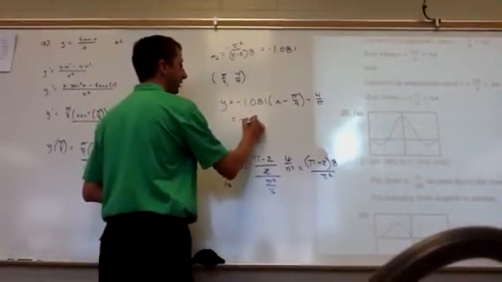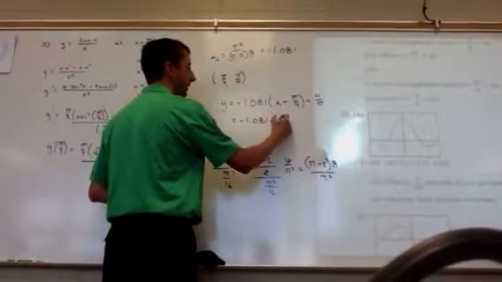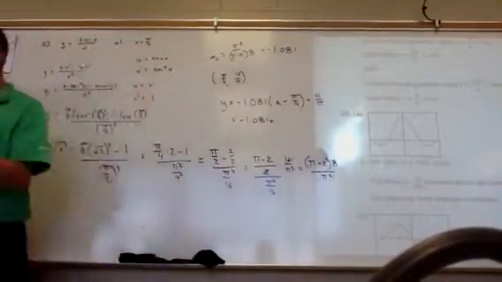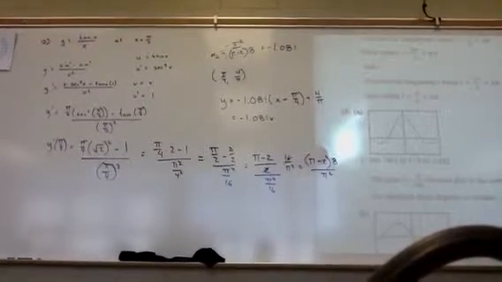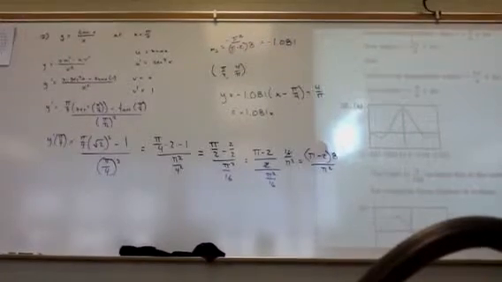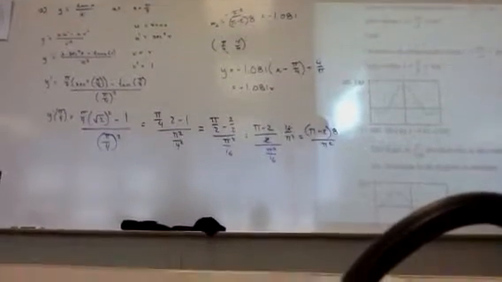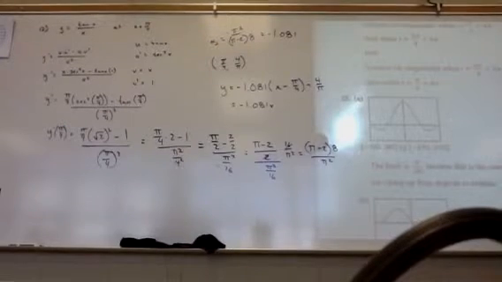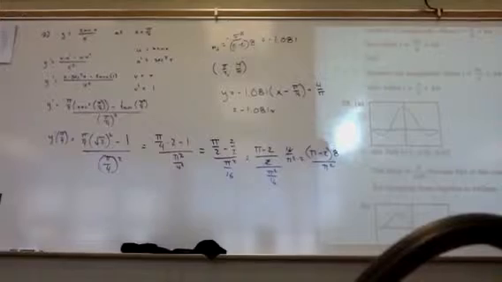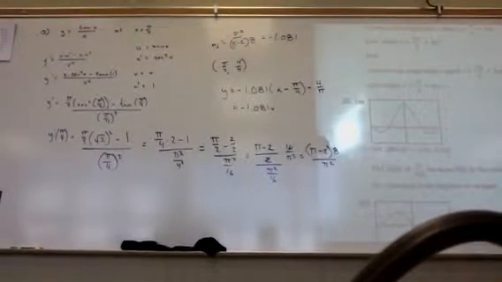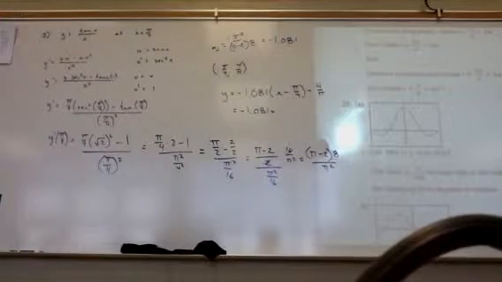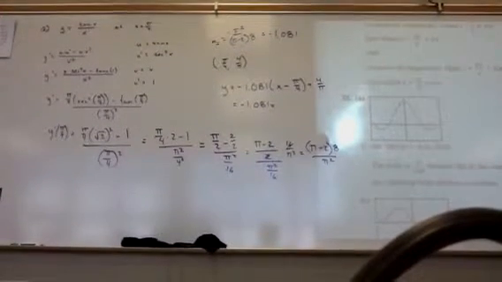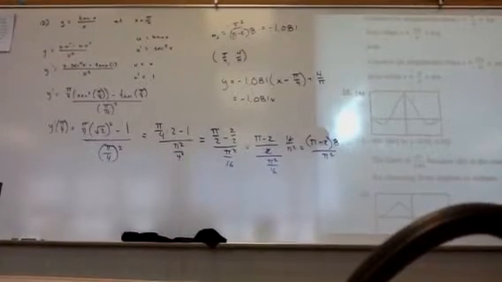So that's going to be negative 1.081x. And then I'll just do that on my calculator. Plus 4 over pi, 2.122.